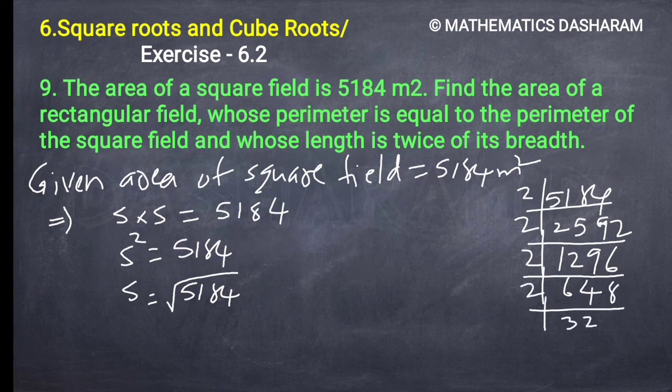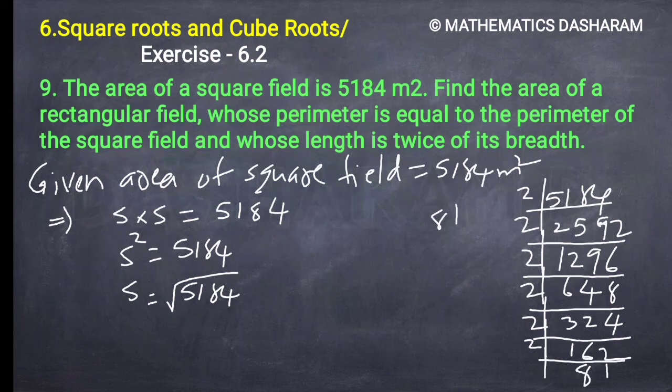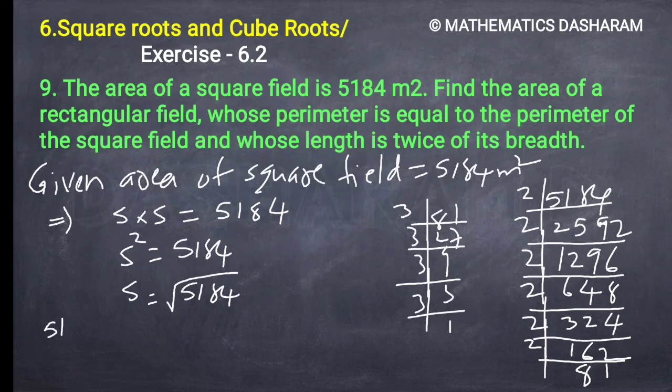Next, 81 is coming in 3 table: 3 27s are 81, 3 9s are 27, 3 3s are 9, 3 1s are 3.